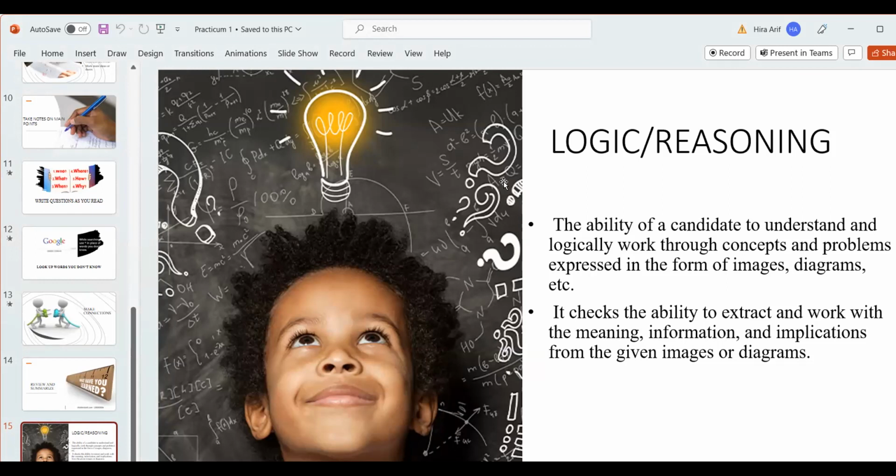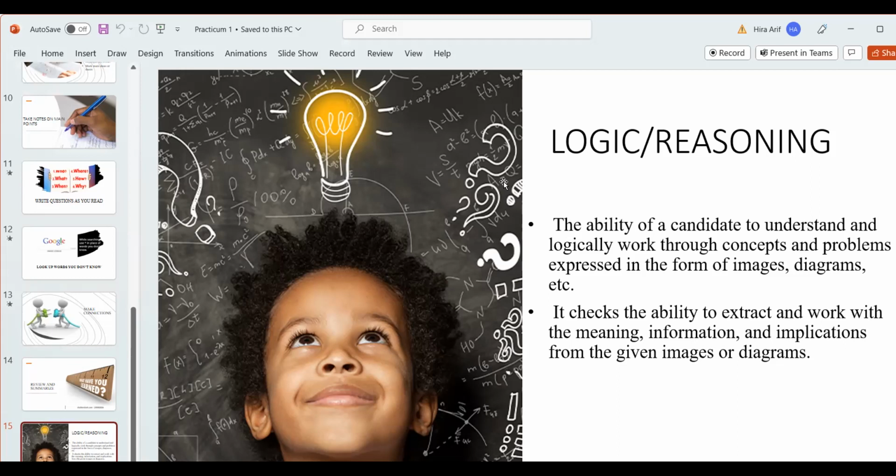When you read, you will also find different images. Logic and reasoning means that when you're reading, you understand what the writer is saying. You are able to understand the author's opinions, and then you need to be very logical about it. You need to understand what the diagrams or the picture is trying to convey.